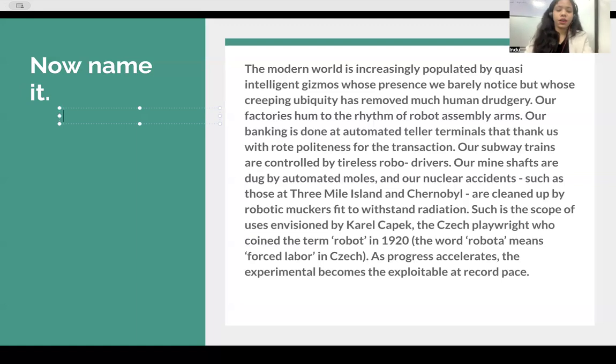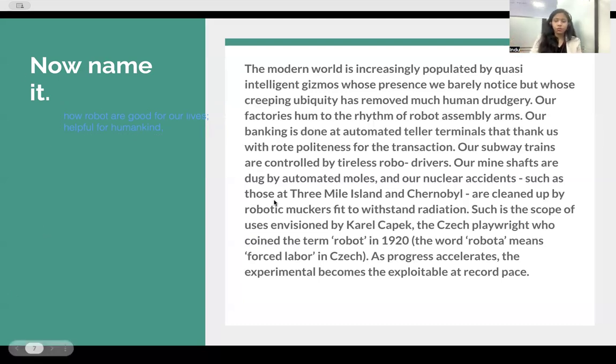The main thing was how robots are good for our lives or helpful for humankind. Okay, so this is one of the names that I would give, because 90% of the paragraph talks about how good robots are for us. They are intelligent, they are tireless, they are this and that. So this sums up the crux of it.